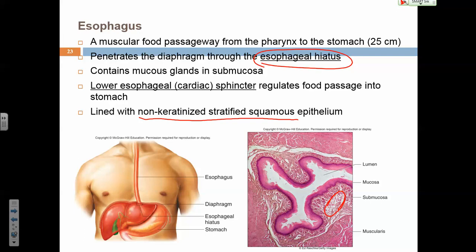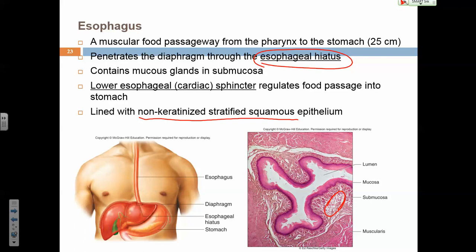Is it one cell layer, two cell layers? A lot of cell layers, and the ones at the surface are flat. That's why it's called stratified squamous, right? Because it is so many cell layers, nothing much can penetrate it, because there's too many cell layers for a pathogen to move through.